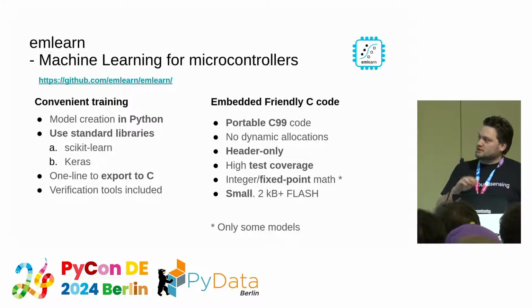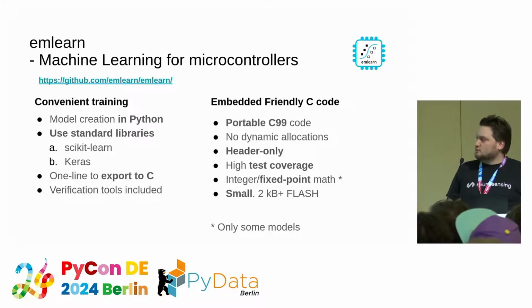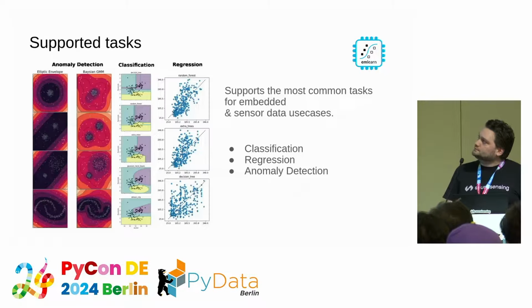Then you have an easy way to export that into a C model, and this is the core library. We're going to work on the MicroPython bindings a bit later. The C code itself is embedded friendly, so you could use it in a professional project, has test coverage, and supports the tiniest microcontrollers as well. So that's the core.